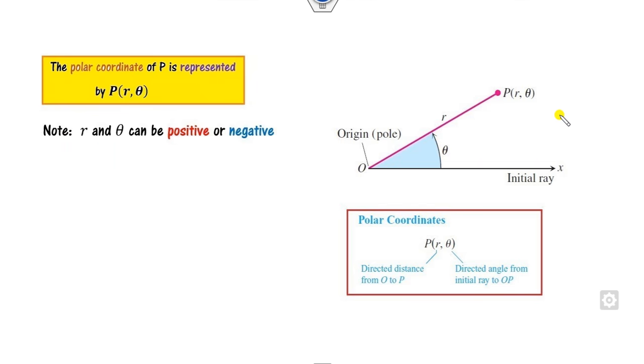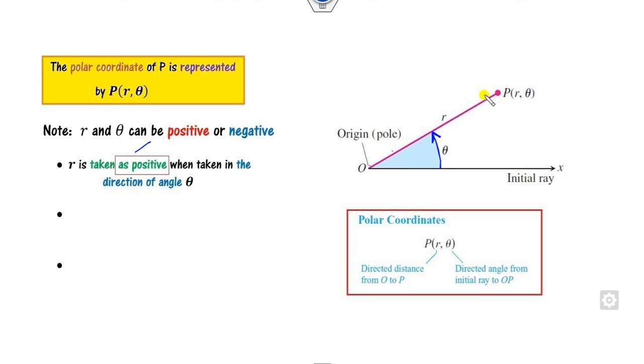Here you must note that r and theta both can be positive or negative. What is the meaning of r positive? R is positive if you are measuring the distance in the direction of OP, the direction of theta.